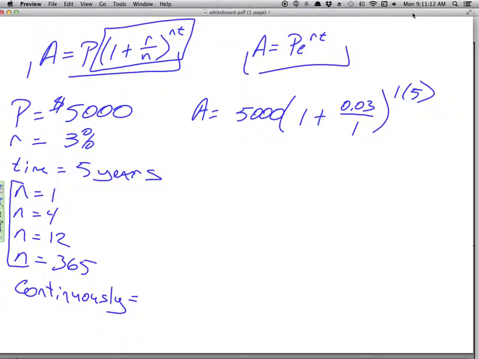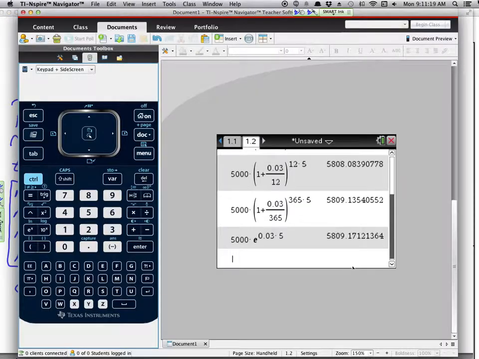All right, so then we want to go to our calculator, and I'm going to show you how to use your calculator to make this work pretty easy and pretty quick.